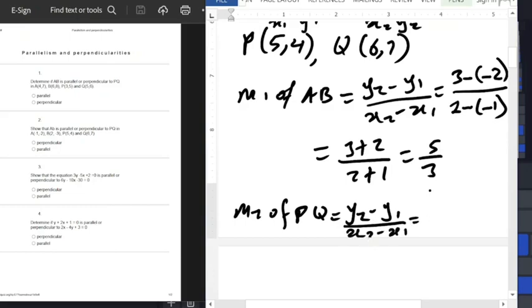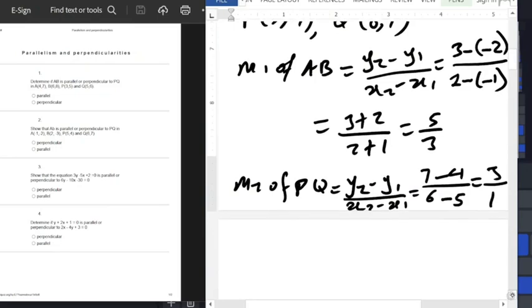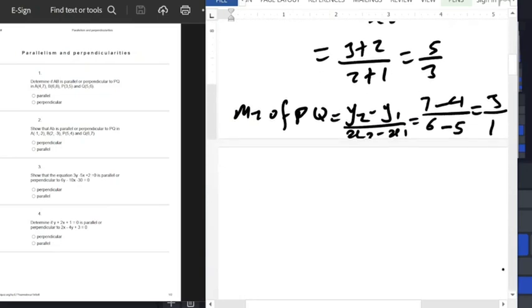So Y2 is 7, so 7 minus 4 all over 6 minus 5, which equals 3 all over 1. So you can see that M2 and M1 are not the same.